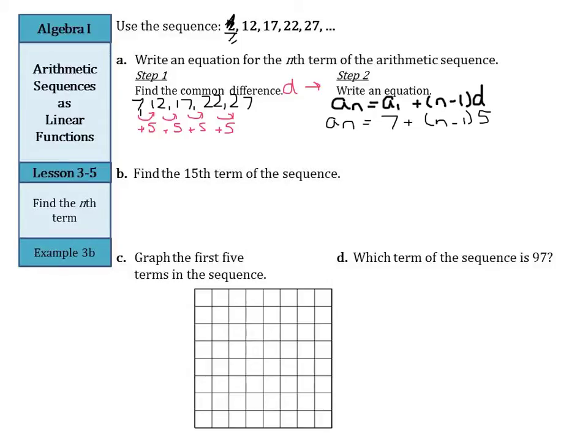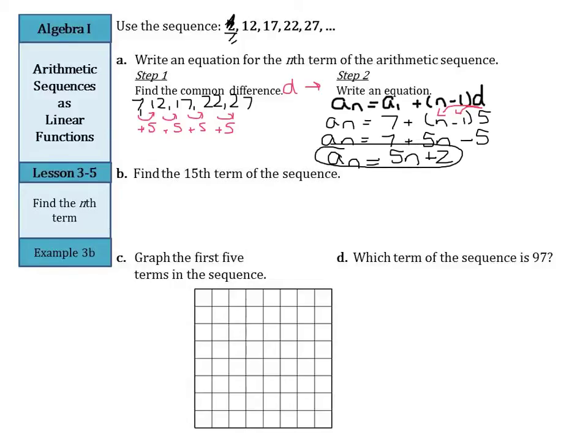Now we're going to go ahead and use the distributive property here in order to simplify. So a_n equals 7 plus 5 times n is 5n. 5 times that minus 1 is a minus 5. So our final equation here is a_n equals 5n. 7 minus 5 is a plus 2.